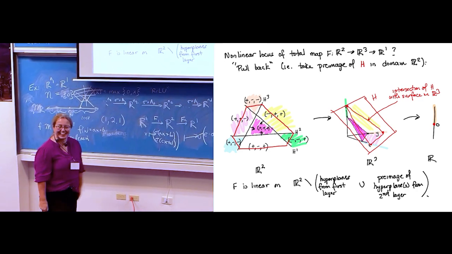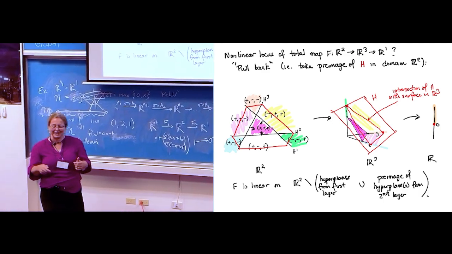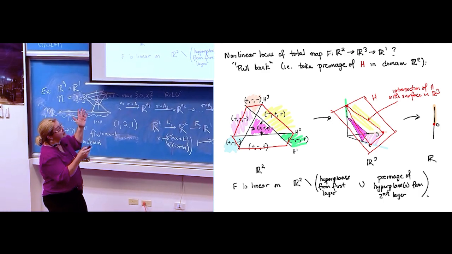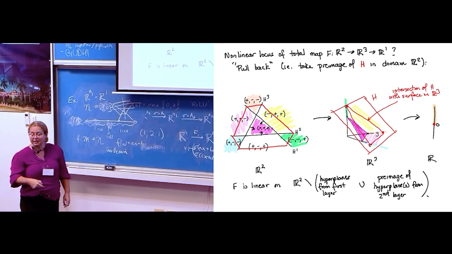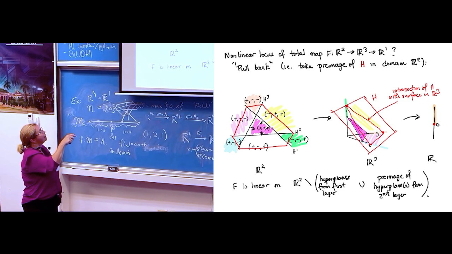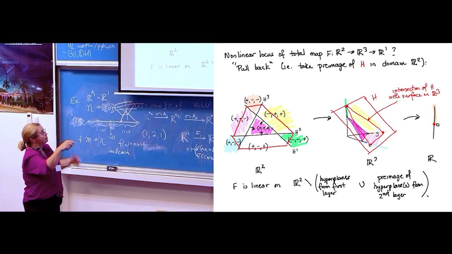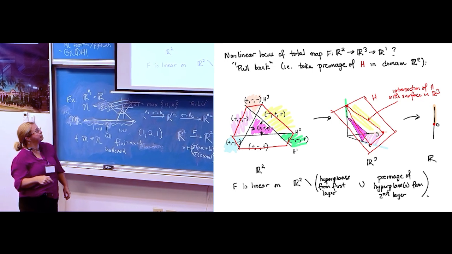Great. So we've said that for all but a measure zero set of parameters, we have this nice polyhedral complex that we can work with, and its n-1 skeleton is the preimage of these hyperplanes that came from the layer maps.